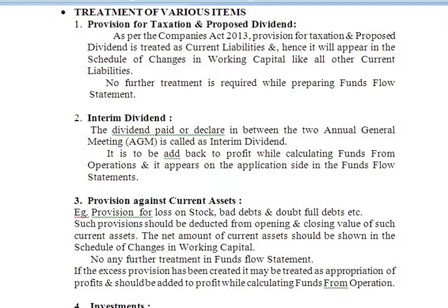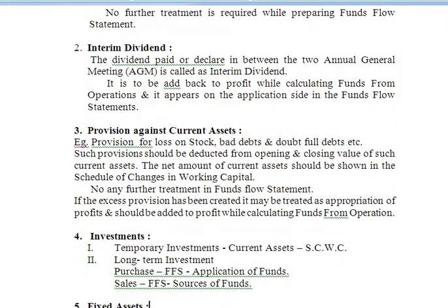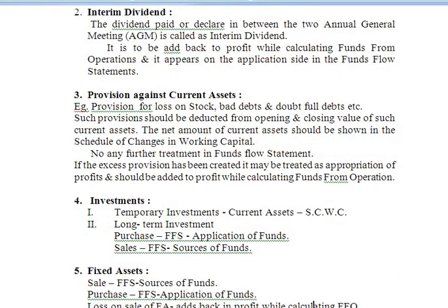Next, third one, provision against current assets. For example, provision for loss on stock, bad debts and doubtful debts, etc. Such provisions should be deducted from the opening and closing value of such current assets, and the net amount of current assets should be shown in the schedule of changes in working capital.